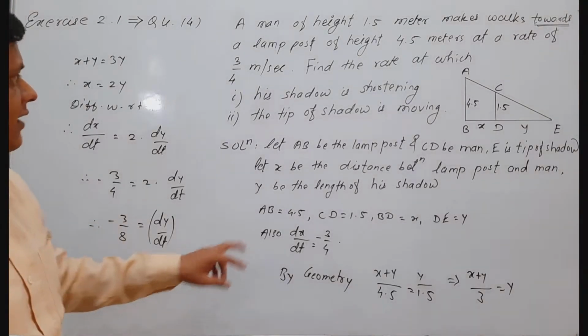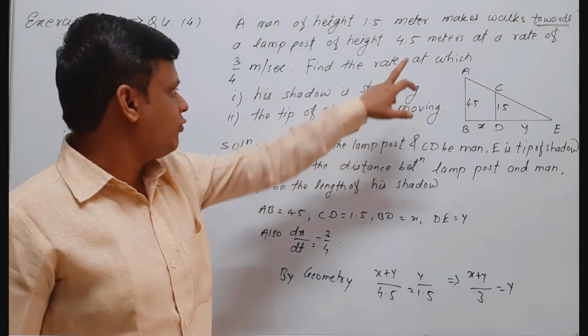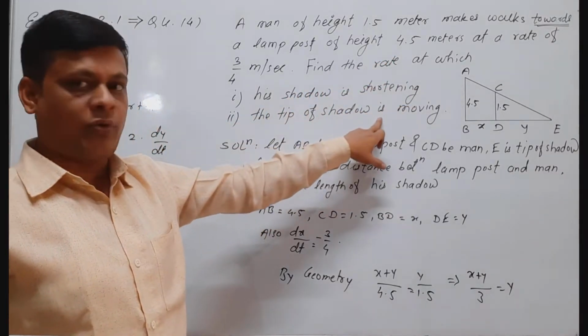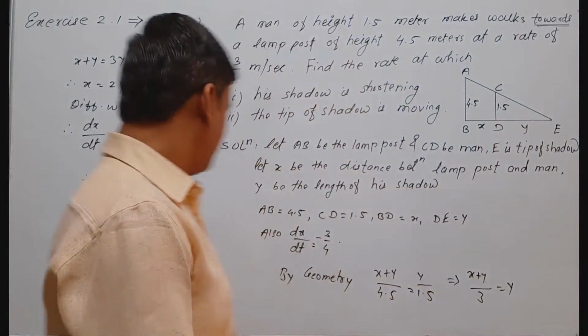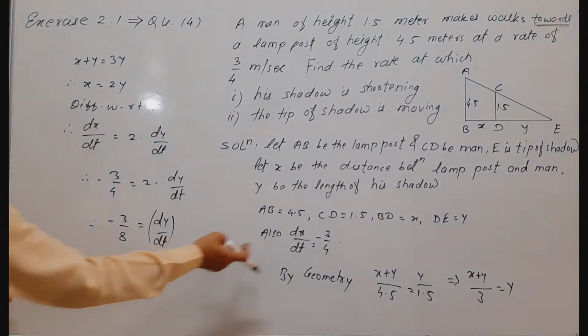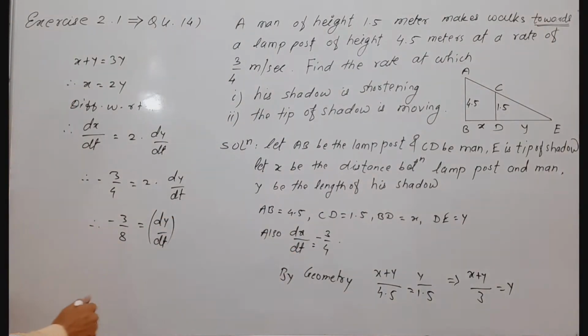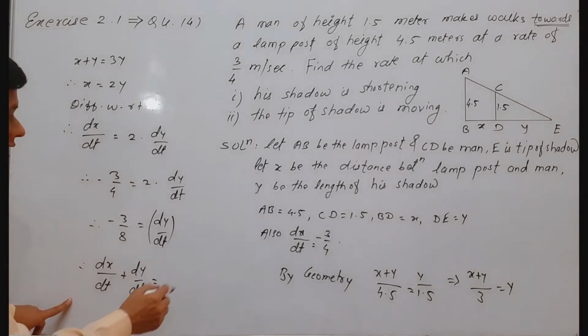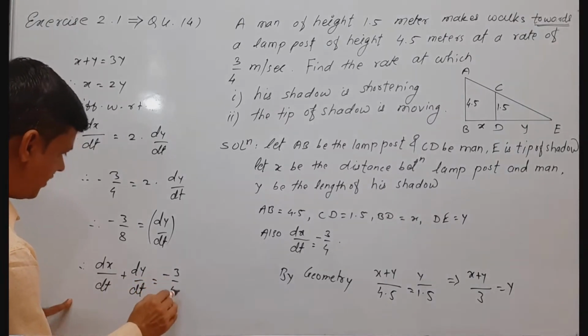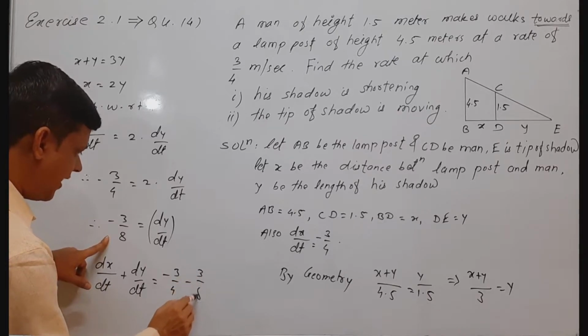Then we have to find the rate at which the tip of the shadow is moving. So this tip of shadow we find by adding dx by dt with dy by dt. So write here, therefore dx by dt plus dy by dt is equal to, dx by dt is minus 3 by 4, dy by dt is minus 3 by 8.